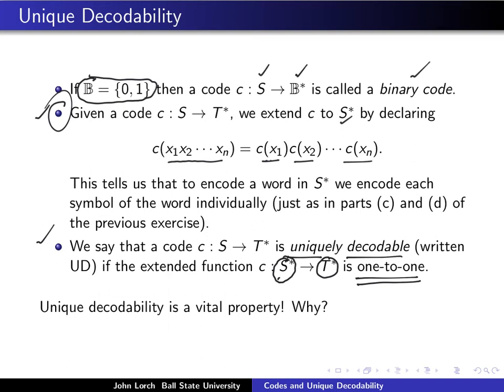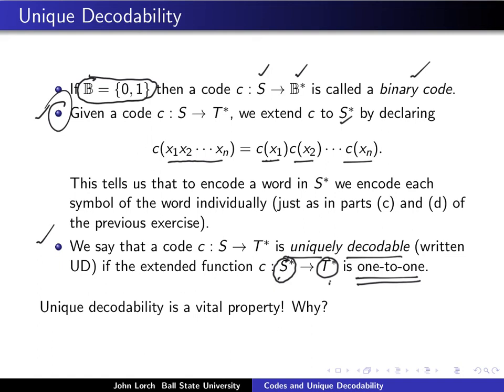Now, you might remember on the previous slide, we had a code that did not possess that property. Remember, we had two messages in S star, namely XYZ and ZXZ, that were sent to the very, very same string in T star, which on the previous slide was B star, right?